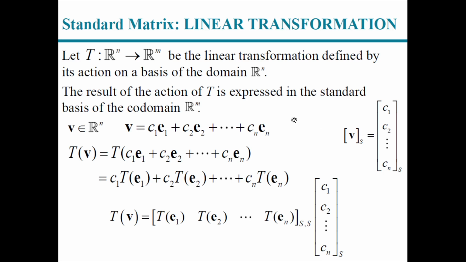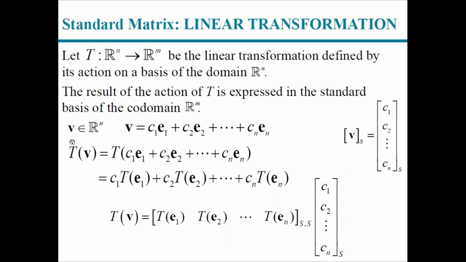So the procedure that helps us understand what's going on is presented here. We have a linear transformation from Rn to Rm, so we are dealing with vectors here. Each linear transformation is defined by its action on the basis vectors. Here we are going to use standard basis for Rn and standard basis for Rm. So we apply T to the standard basis.